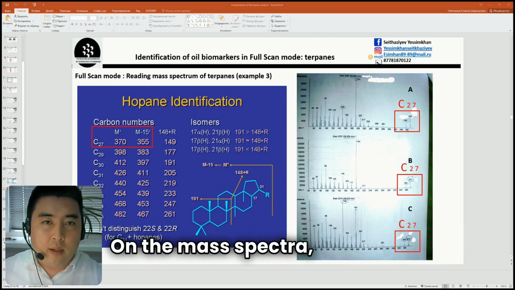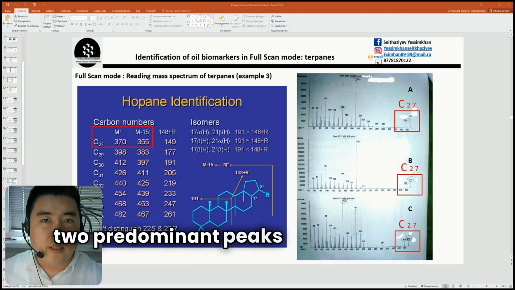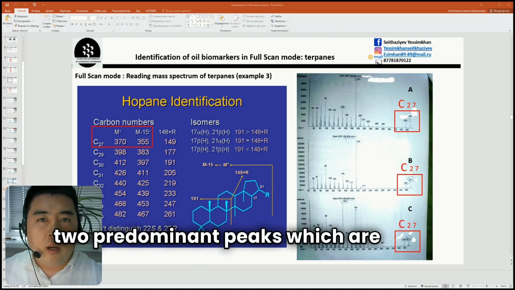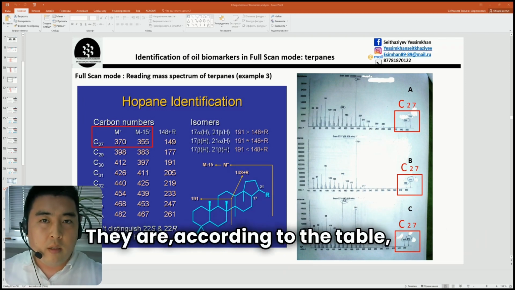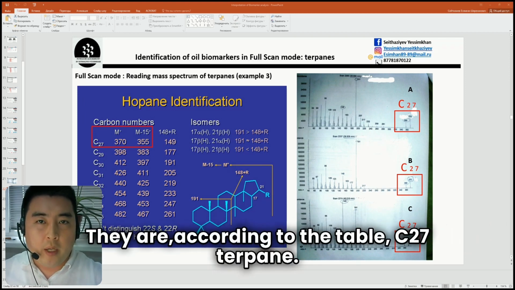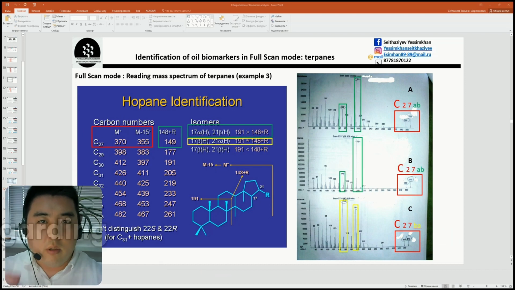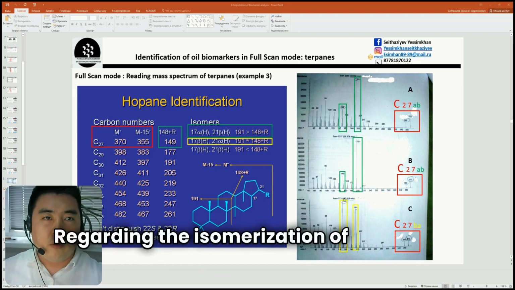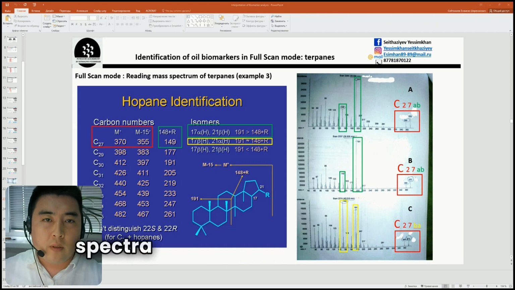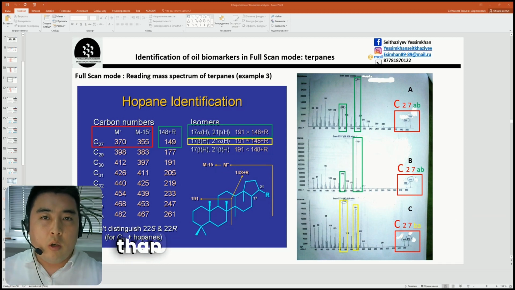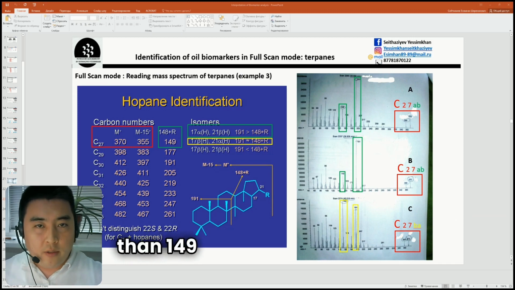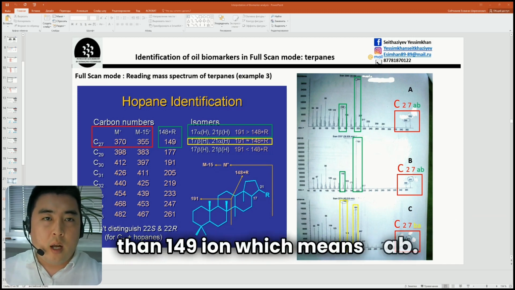On the mass spectra, there are two predominant peaks, 355 and 370. They are, according to the table, C27 terpene. Regarding the isomerization of terpenes in two mass spectra, A and B, 191 ions are higher than 149 ion, which means alpha beta.